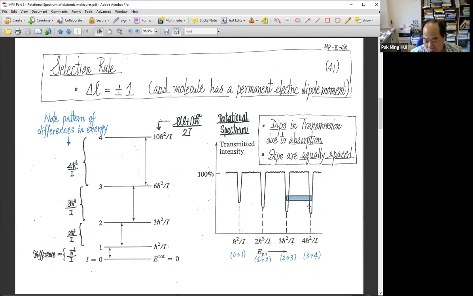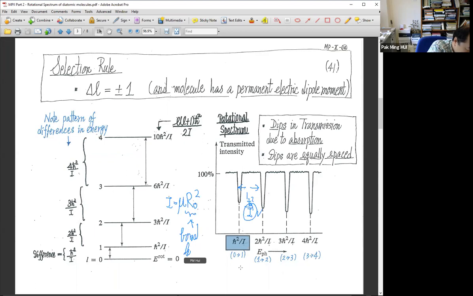You read this out, you already know this. Thereby, by reading this difference out, you get the moment of inertia. From the moment of inertia, if you know what the molecule is, you know the reduced mass, thereby you can calculate the bond length.